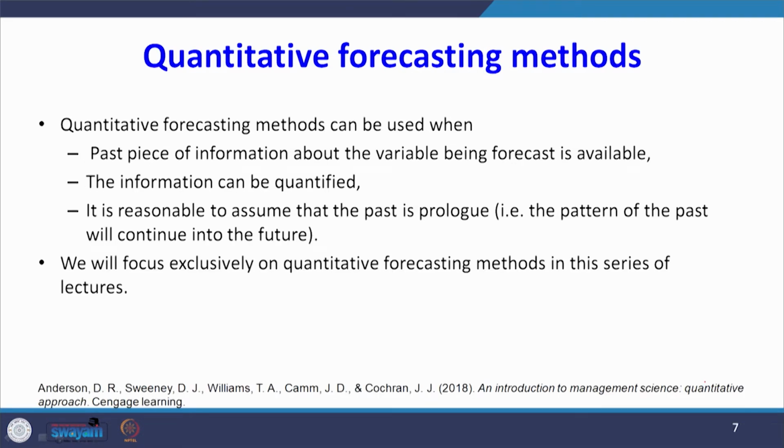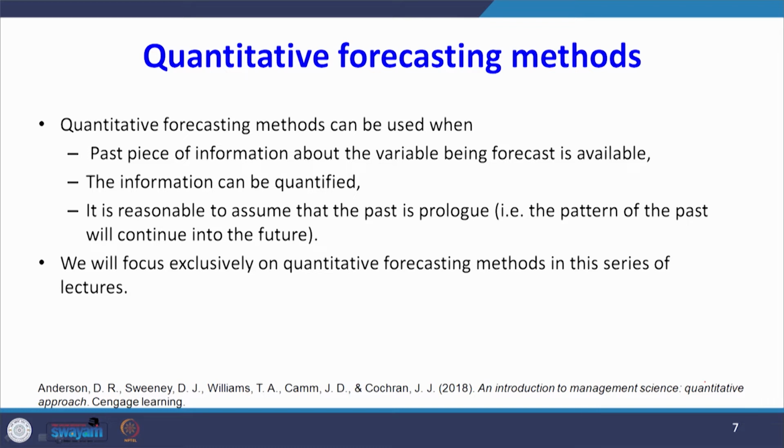Then quantitative forecasting methods. When can quantitative forecasting methods be used? When past information about the variable being forecast is available. If you have enough information, the historical data, then we can go for a quantitative forecasting method. The information can be quantified and easily measured.